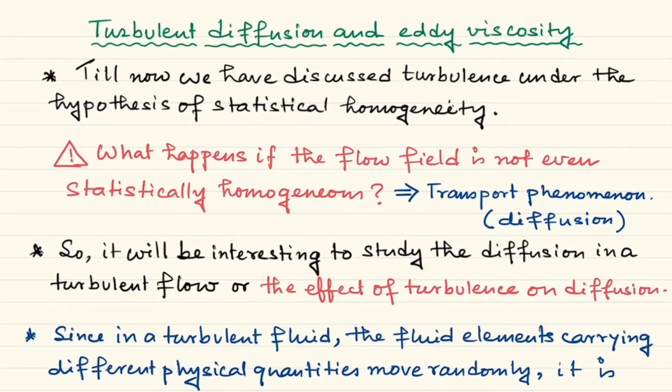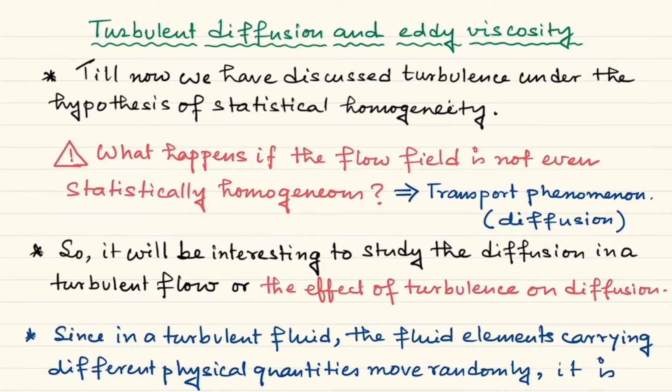We are now assuming that the flow is turbulent because the Reynolds number is very, very high, so the non-linearity in the flow field is totally dominating. And in addition, we have a transport phenomenon like diffusion. So in this case, we have to consider two things side by side: diffusion and turbulence.